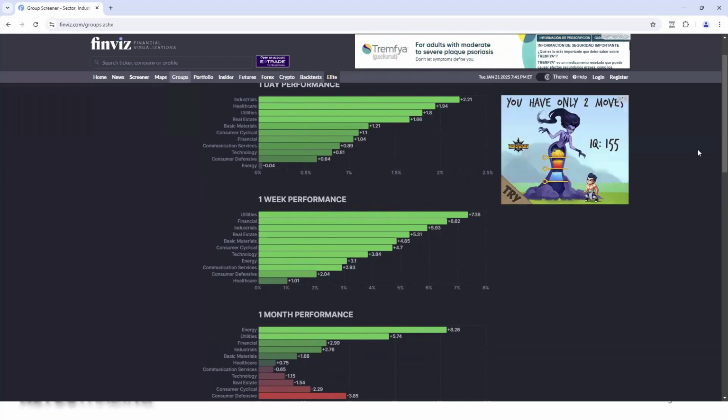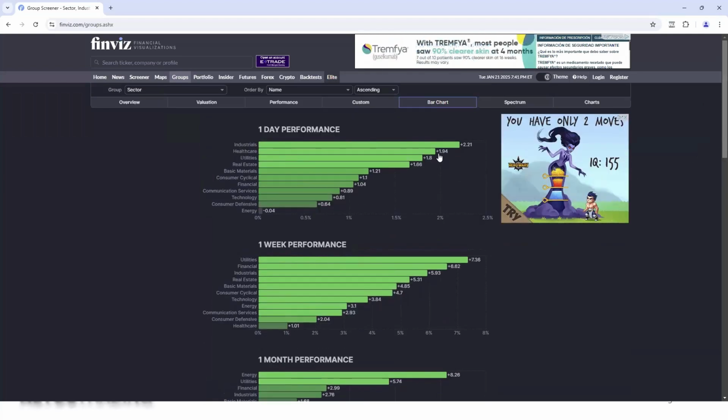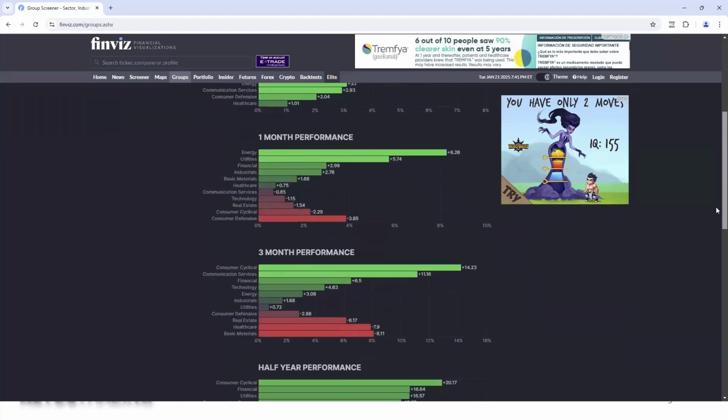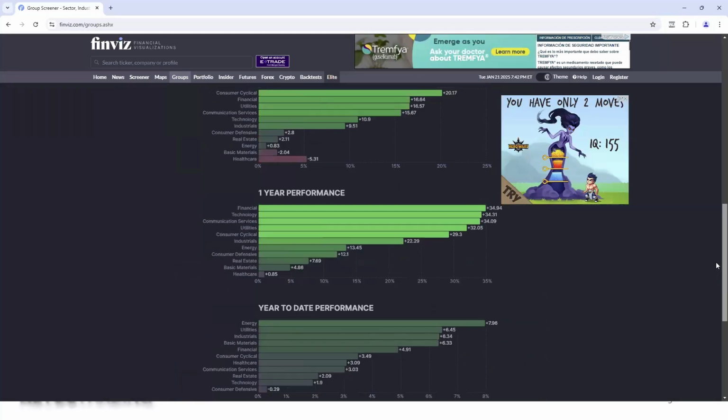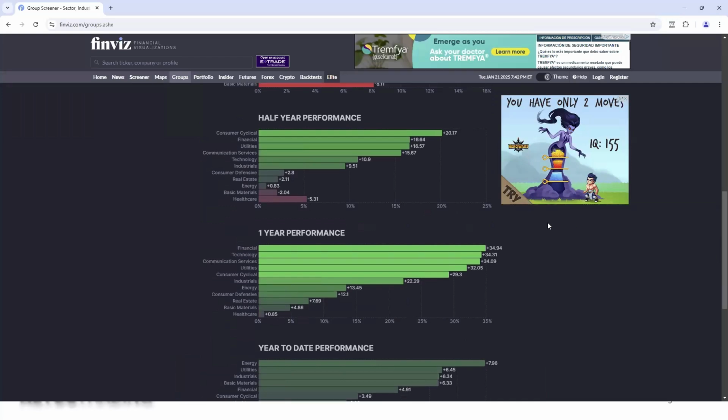And by the way, these percentages are relative, they're benchmarked against the S&P. That's always the stretch goal of fund managers, professional money managers, is to outperform the S&P index. And I think this is a good starting point.